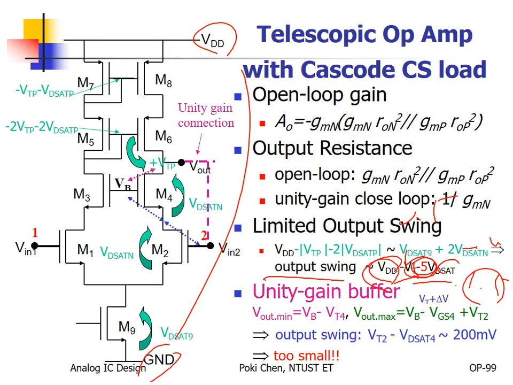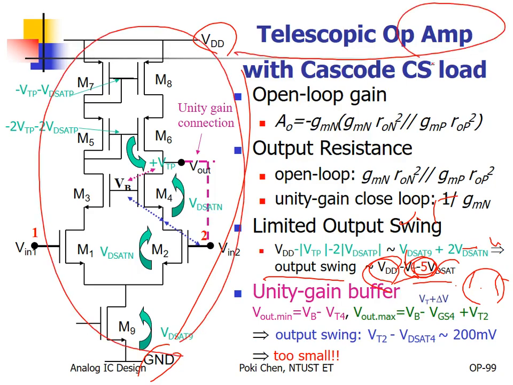That is not the exact number, but you will know how much the impact is with such a telescopic op-amp configuration. Maybe you can try your very best to make it a little bit larger than 300 millivolts. But how large? Not too much.